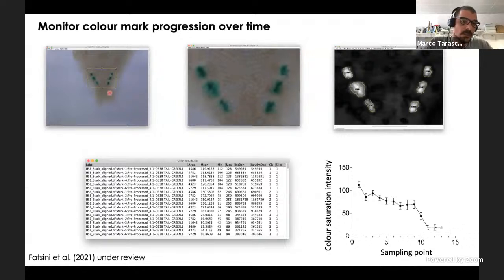So what I did was to develop this macro, in which first we select our region for each fish, then the macro will align each mark. For example, here we had 15 fish, so this will be aligned in a stack. Through a threshold, the marks will be recognized automatically, and then we can get, for example, the mean saturation, which was used to then estimate how the color saturation decreases along time.